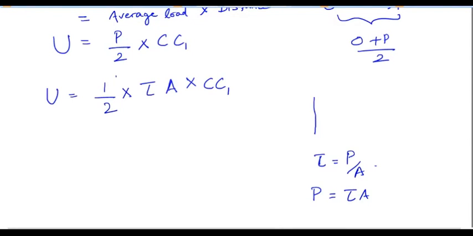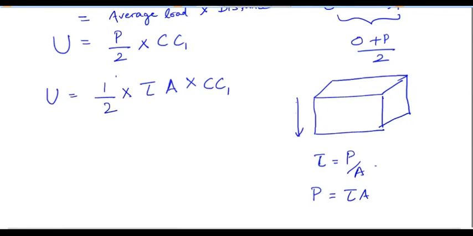Initially the body shape is like this. In the above figure, I have drawn only the 2D. Here I am drawing a 3D figure. So this is your height, this is your length, and this is your breadth.